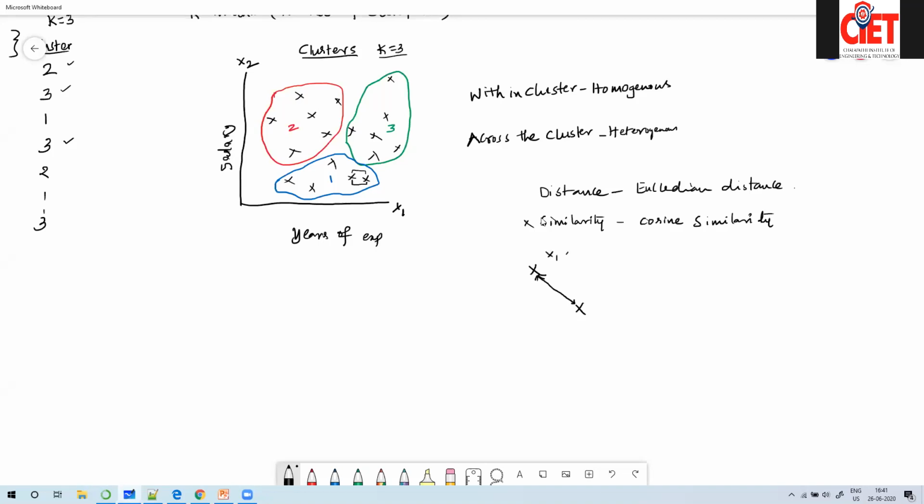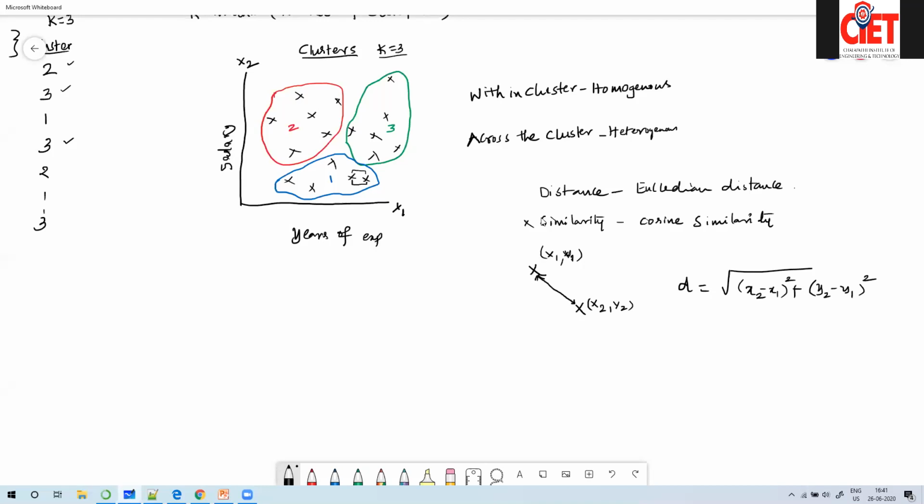If this observation is x1 comma y1 and this observation is x2 comma y2, the distance between these two observations is measured using d equals the square root of (x2 minus x1) whole square plus (y2 minus y1) whole square. Okay, that's how we try to measure the similarity.